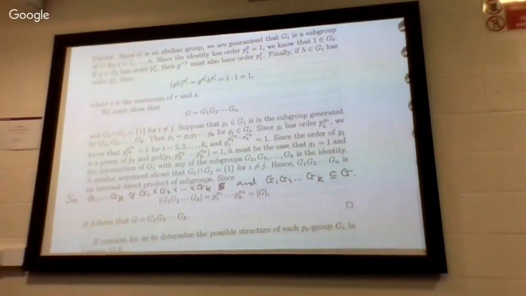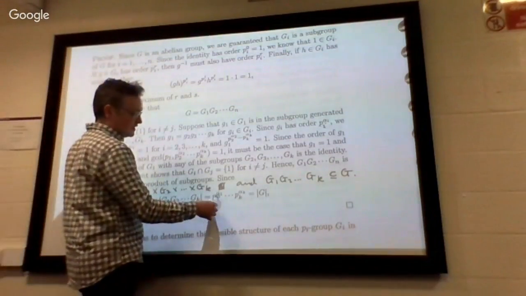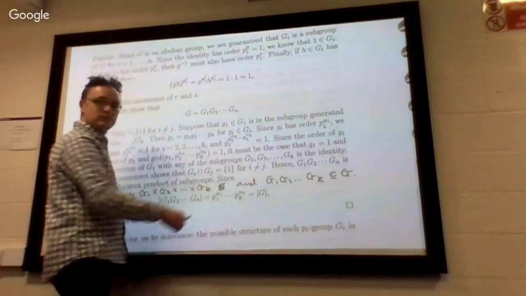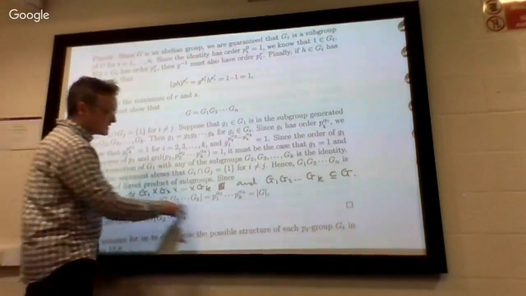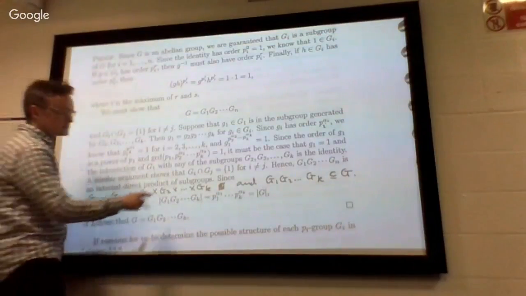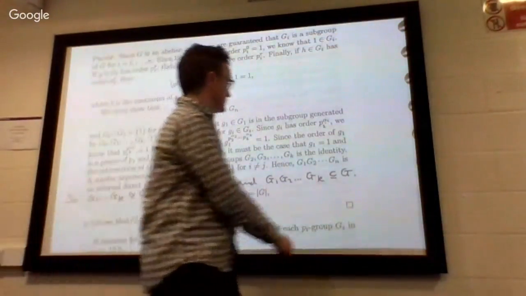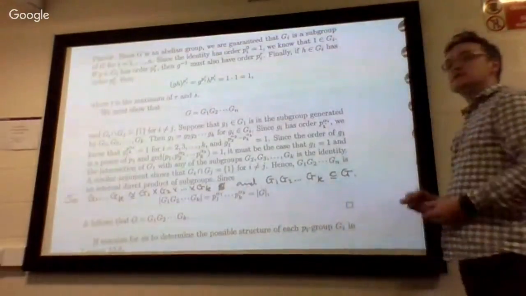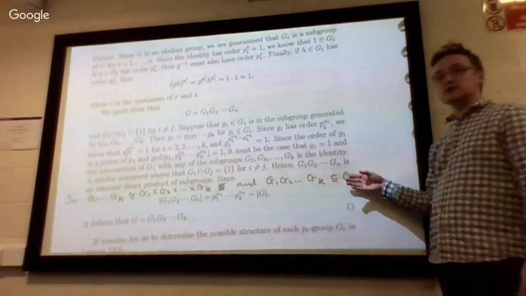Lagrange's theorem tells us it can't have any power of pi greater than that, because that would violate the divisibility in Lagrange's theorem. So basically what he's trying to argue here is that the size of this thing is the full size of G. Therefore, it must be all of G, not just some subgroup of G.